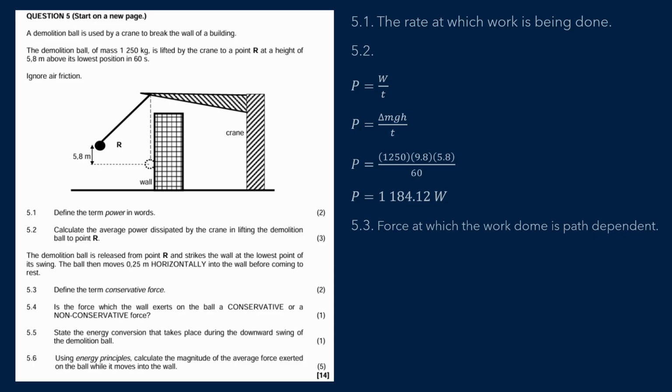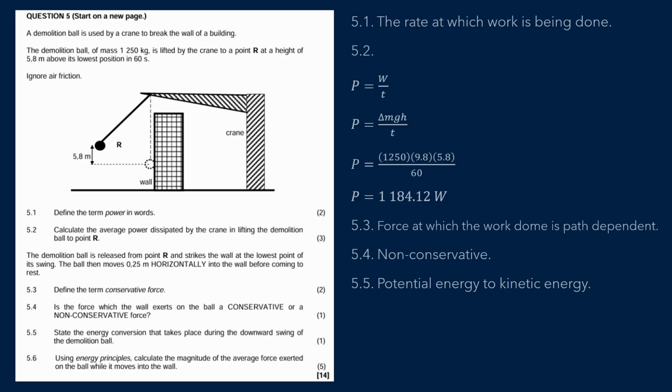But then again, it started moving, and we all know that moving objects possess kinetic energy, and hence, as it starts moving, that potential energy starts being converted into kinetic energy. And hence, the energy conversion that takes place here is what? Potential energy to kinetic energy. You get 1 mark for that.